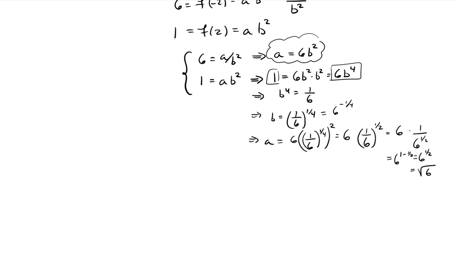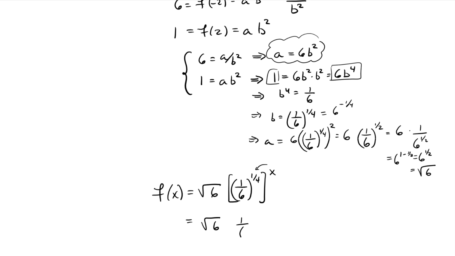Both are good. So my model finally is root of 6 times b to the power x, where x is my variable. For now I'll keep b as this. Usually we multiply those two together, so this is (1/6) to the x over 4.